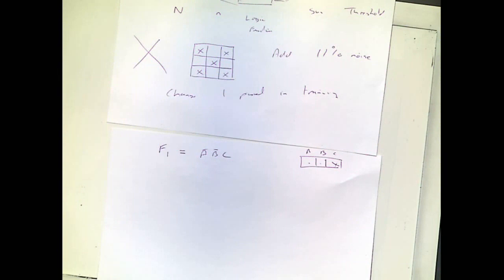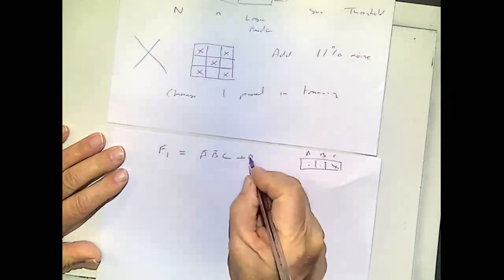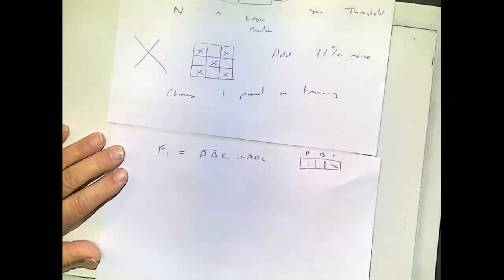And immediately that trivial but brilliant property, you haven't lost the response to the first pattern, because the logic function still responds to 0, 0, 1. So the function now becomes not A, not B, and not C, or A, B, C.